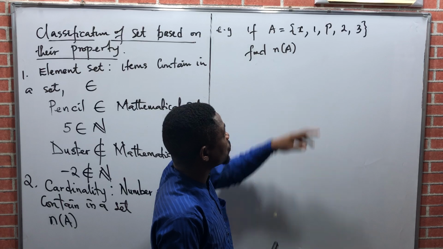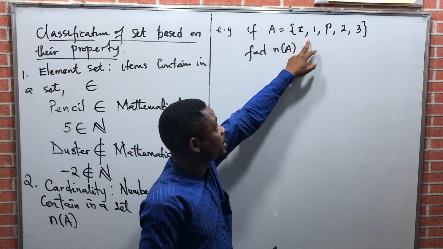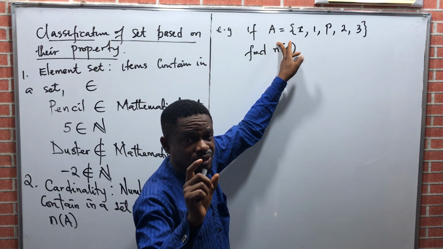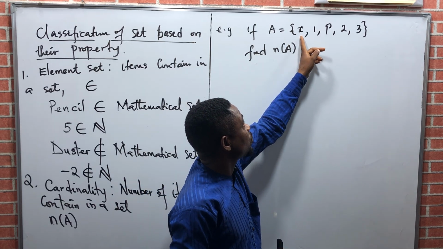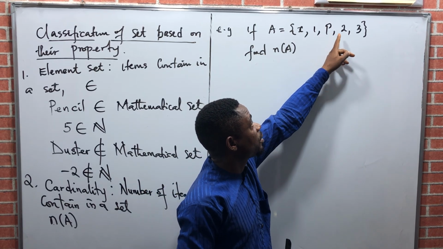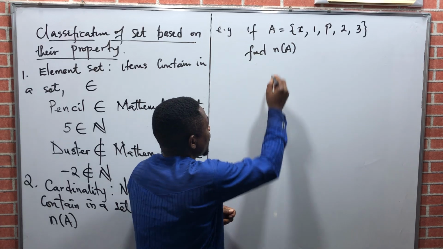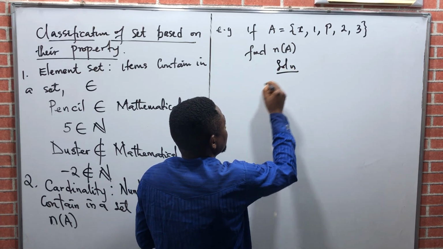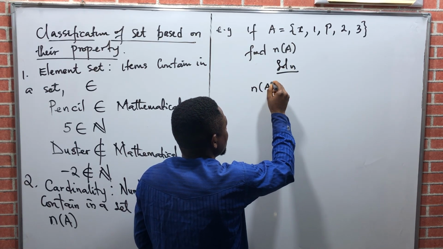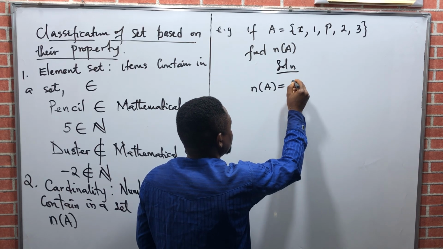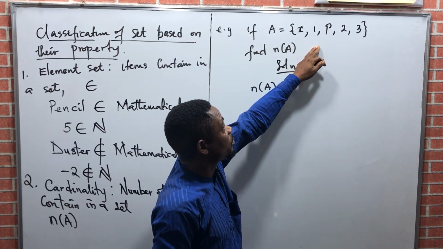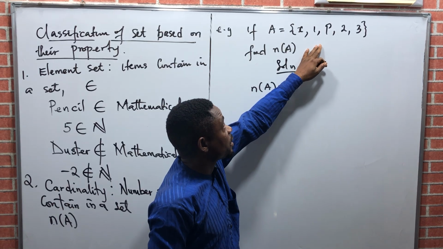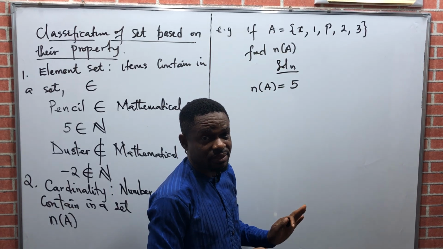All you should do is go inside the items in set A and begin to count the number of items. Let's start: 1, 2, 3, 4, 5. So directly, I will say that the cardinality of set A is equal to 5. Have I made myself clear? How many elements, or members, exist in set A is just 5, and that is the answer.